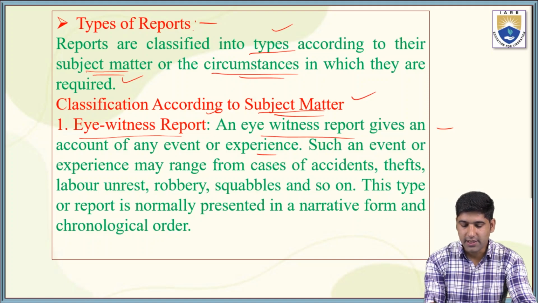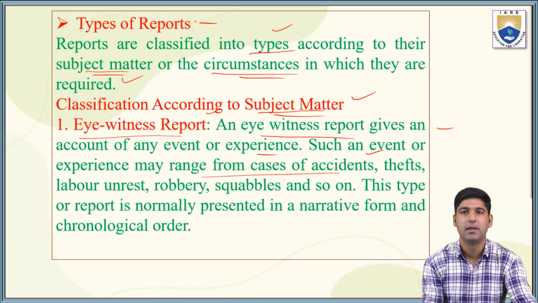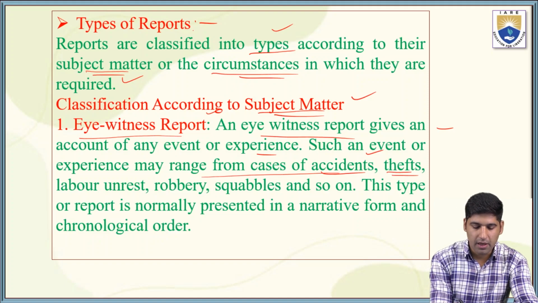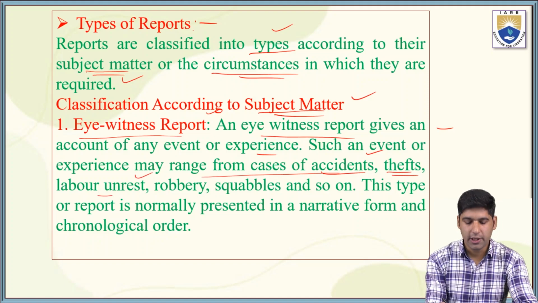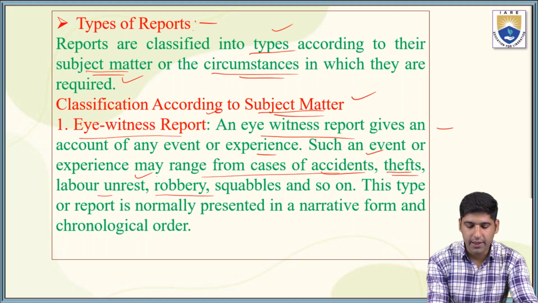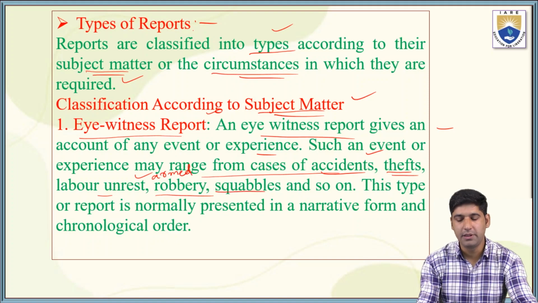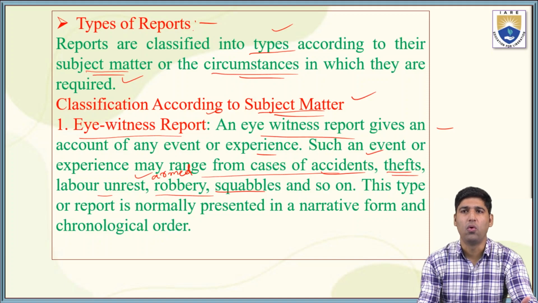Such an event or experience may range from cases of incidents. It may be an accident, it may be a theft case, or it may be labor unrest, or it may be a robbery, armed robbery, it may be some squabble, and so on and so forth.